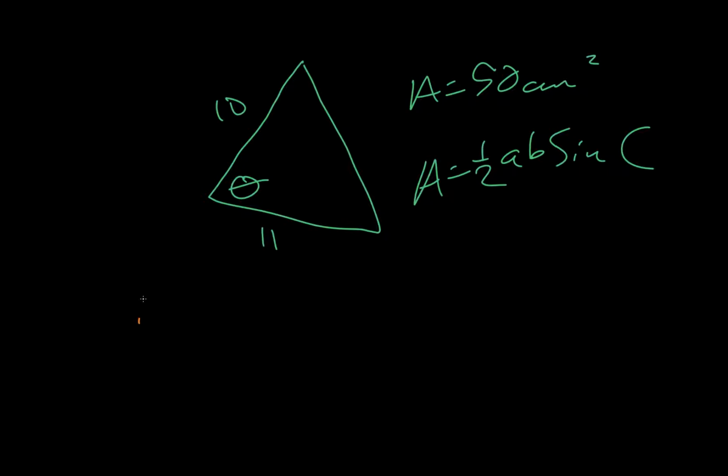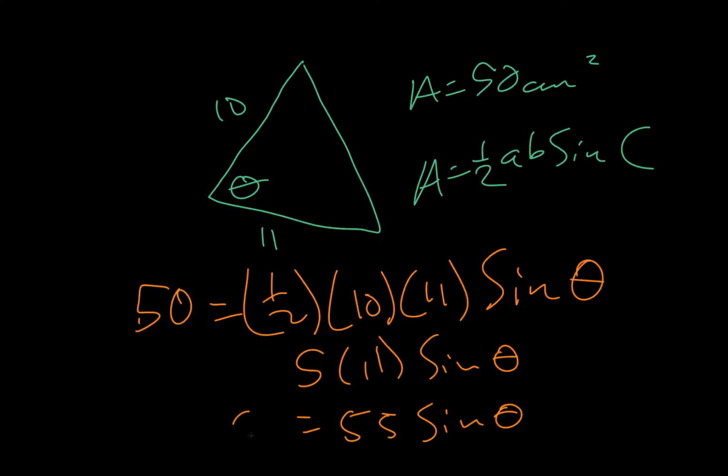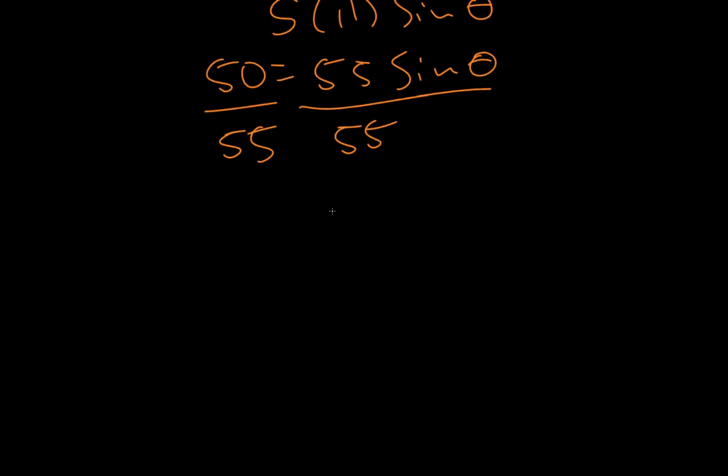So we do area, which is 50, is equal to 1/2 times 10 times 11 times sine theta. So we're trying to find theta. If we multiply this out, 1/2 times 10 is 5. 5 times 11 is 55. And then we're going to divide by 55. And so we have sine theta equals 50 over 55.